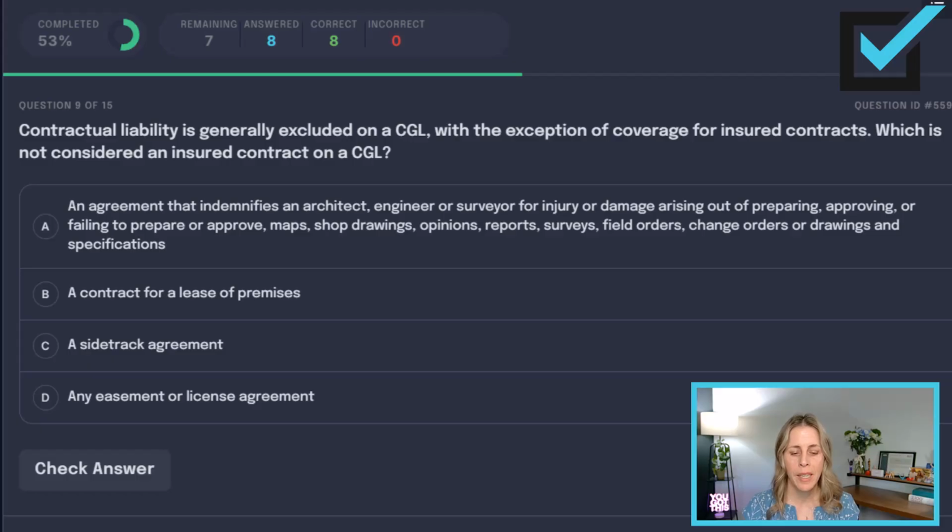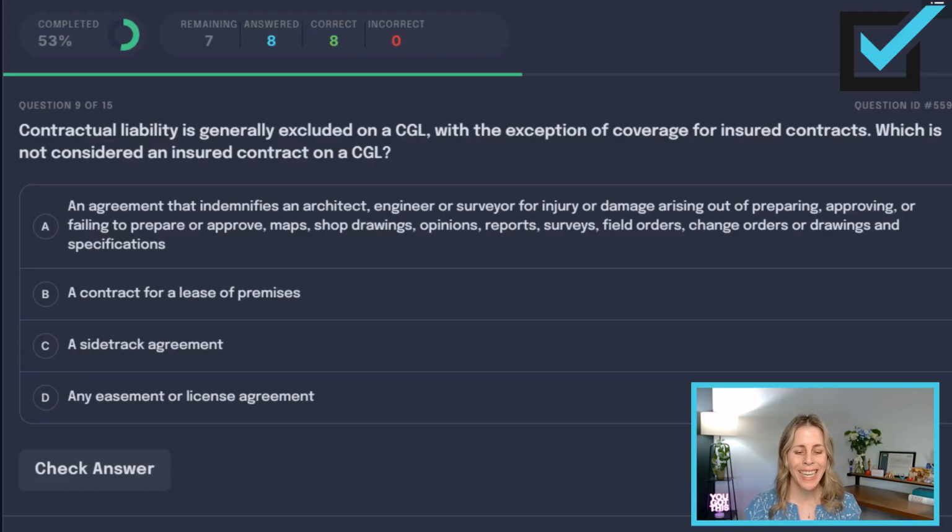An agreement that indemnifies an architect, engineer, or surveyor for injury or damage arising out of preparing, approving, or failing to prepare or approve maps, shop drawings, opinions, reports, surveys, field orders, change orders, or drawings and specifications. A contract for a lease of premises, a sidetrack agreement, any easement or license agreement.